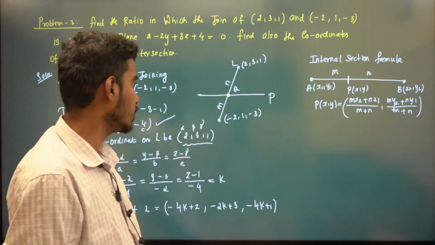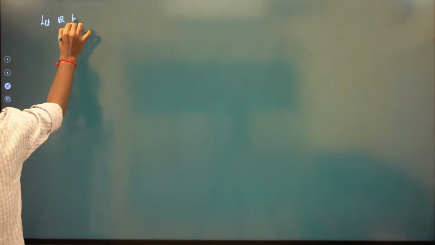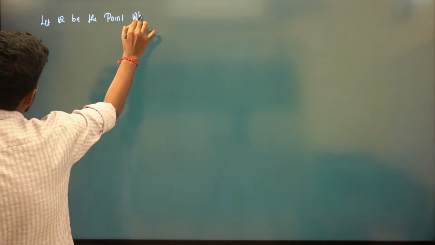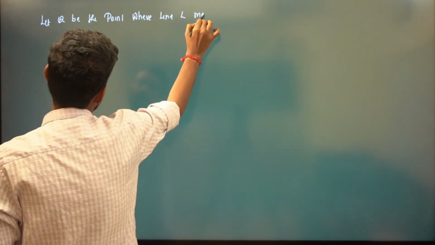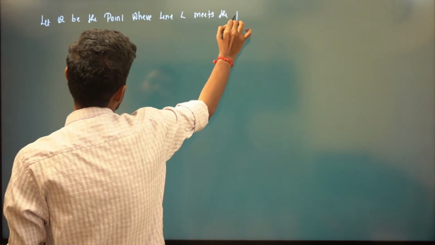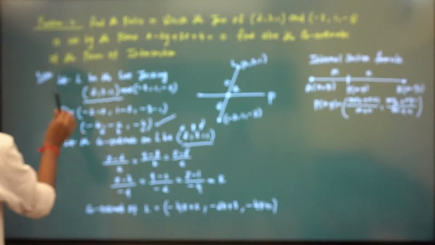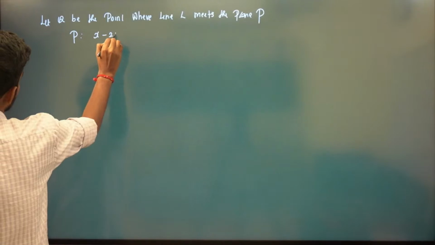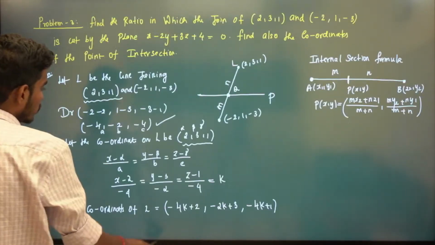Now we need to find the point Q, right? Let Q be the point where line L meets the plane P, right? So what is the plane?